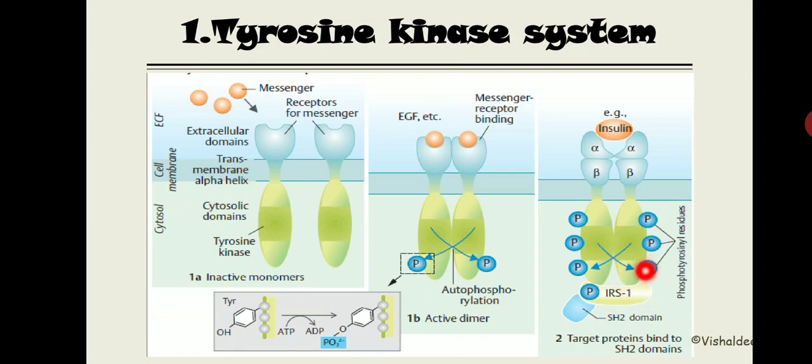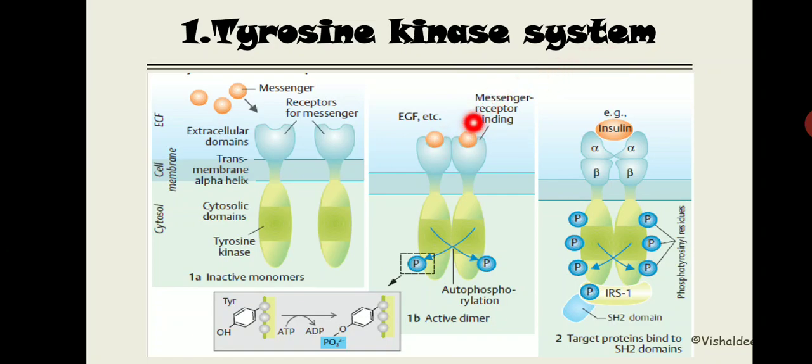and producing IRS. It is known as insulin responsive substance 1, and they activate the sulfhydryl protein, and that again activates the Sons of Sevenless protein, then they activate the RAS protein, then they activate the RAF protein. That we are going to discuss in detail when we learn insulin. Right now, for today's lecture, just remember how this tyrosine kinase system will work.